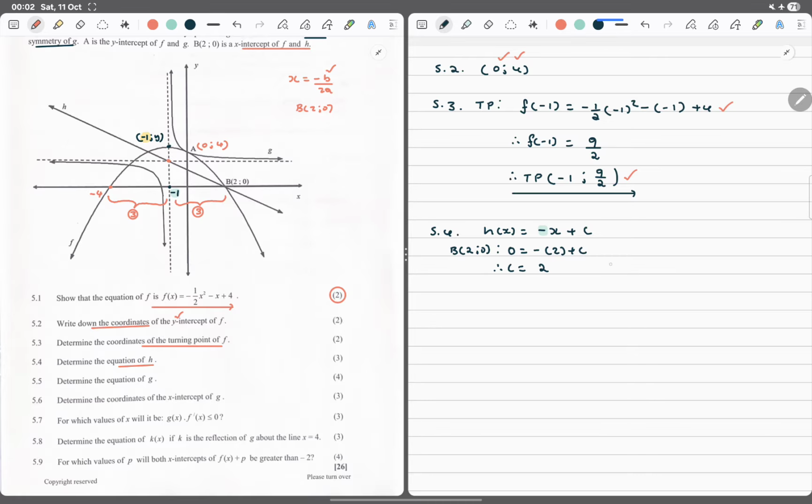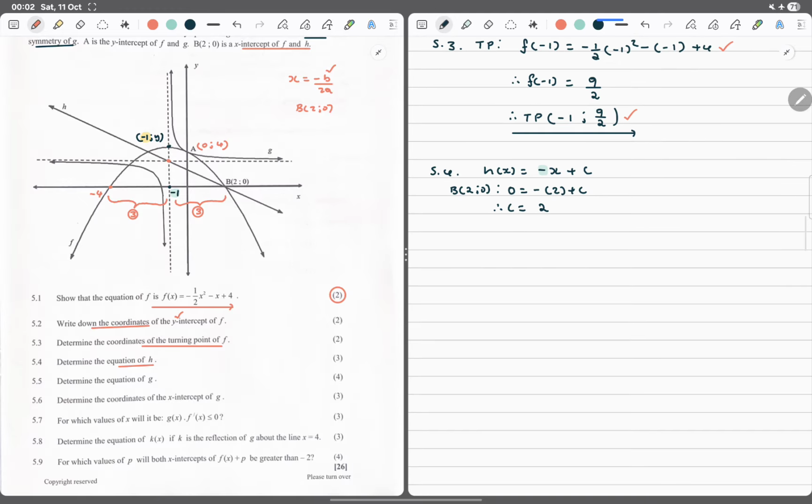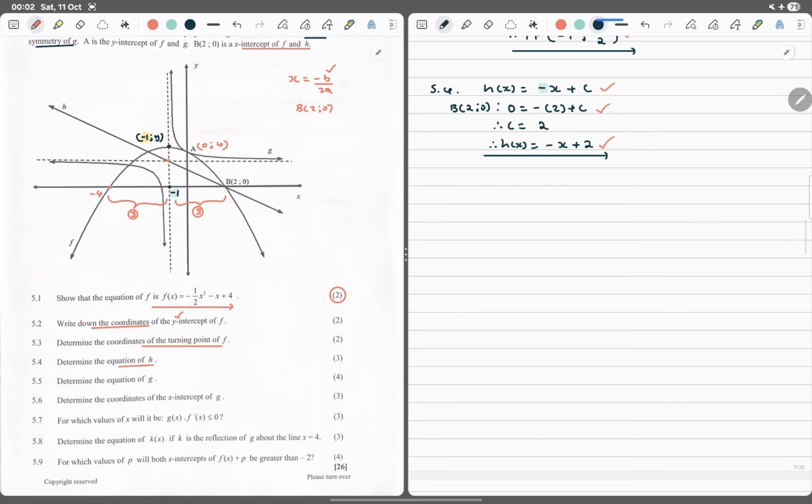Therefore, c is 2. So this means our h of x is minus x plus 2. Nice and easy. How many marks here? 3, really? Maybe knowing the gradient is going to be minus 1, substituting and presenting the answer. Easy, 3 marks.